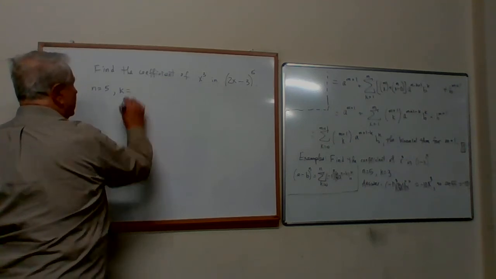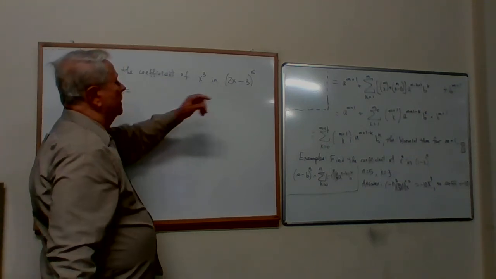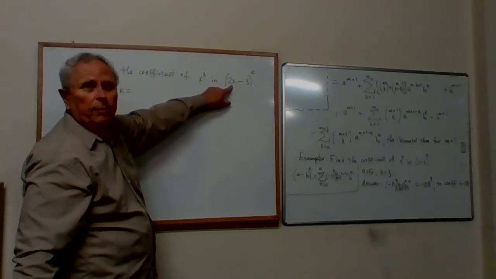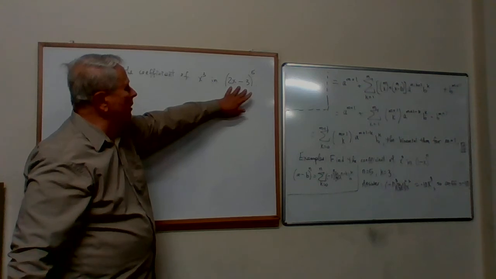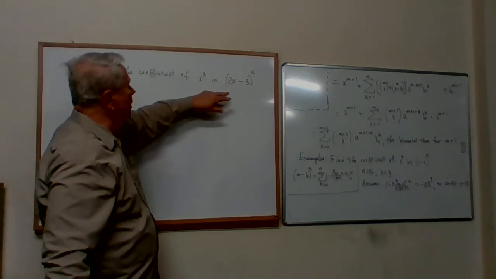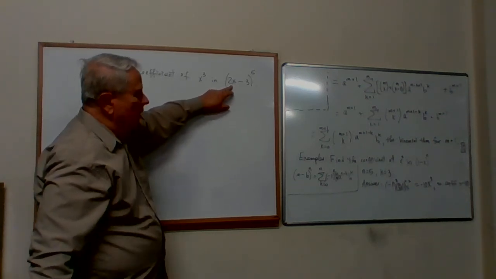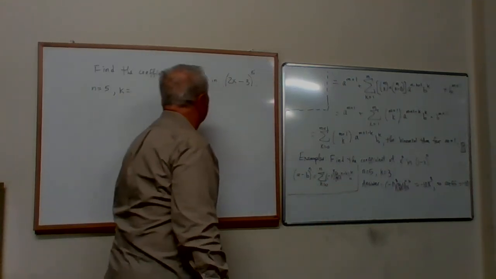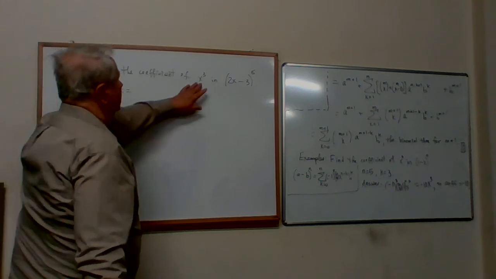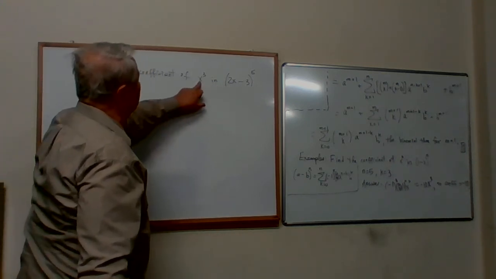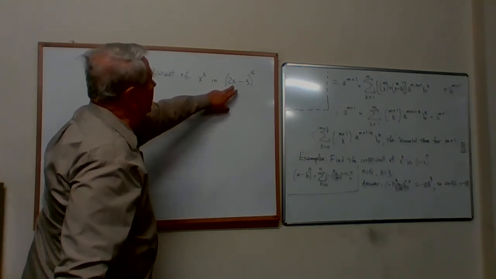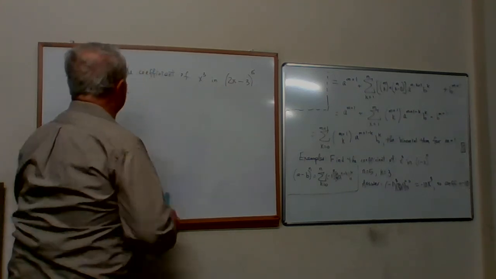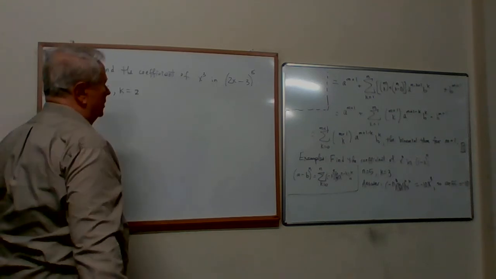K, now the x cubed appears in this first term of the binomial expression. And so the first one is to the n minus k power. So k in this case, if I want this to be x cubed, k is going to have to be 2, so that 5 minus 2 will be the 3. So k is equal to 2 in this case.